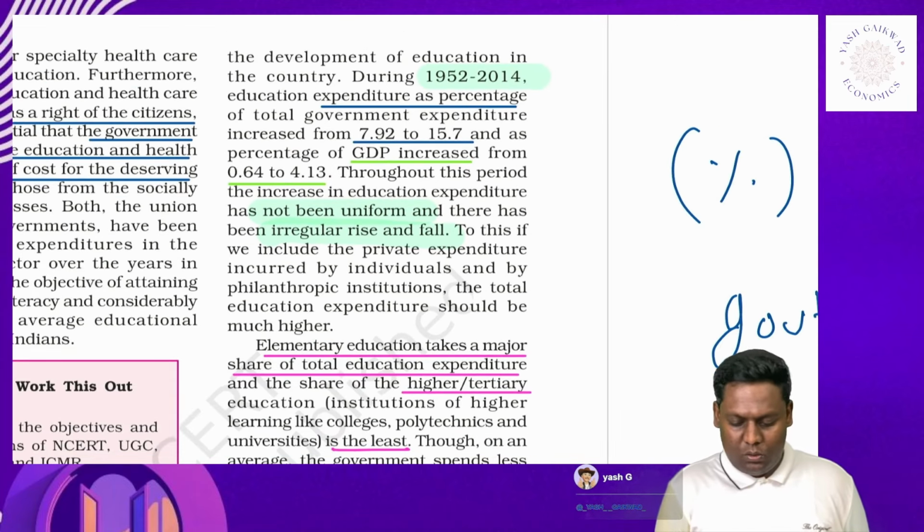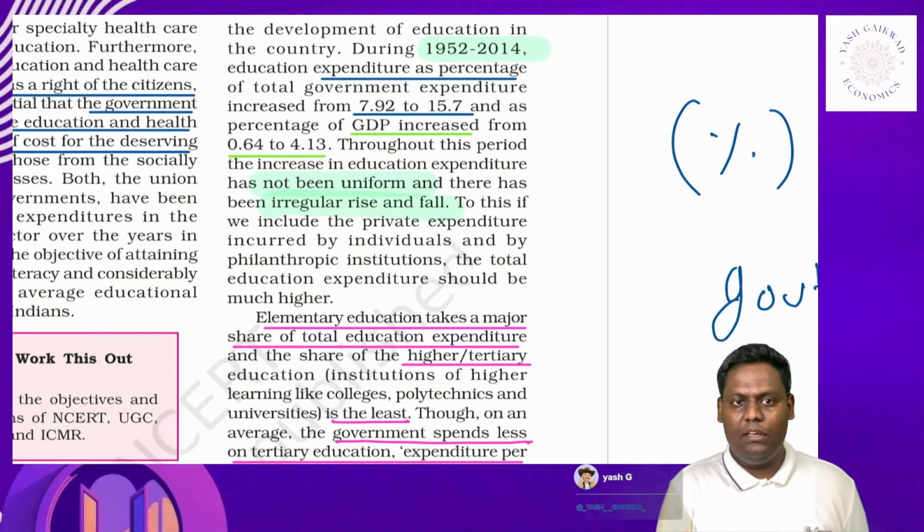Now, the time frame we are looking at is from 1952 to 2014, and the improvement has been roughly 3.5% or so, but it has not been uniform; it has been irregular.